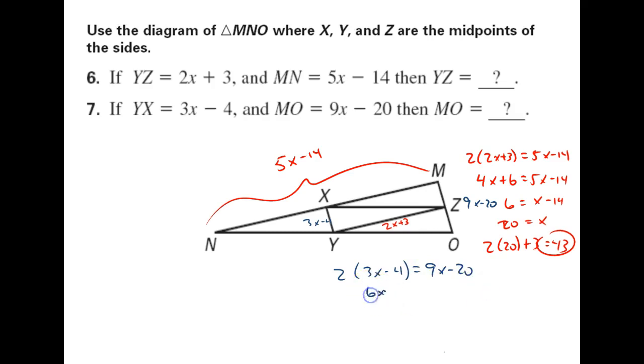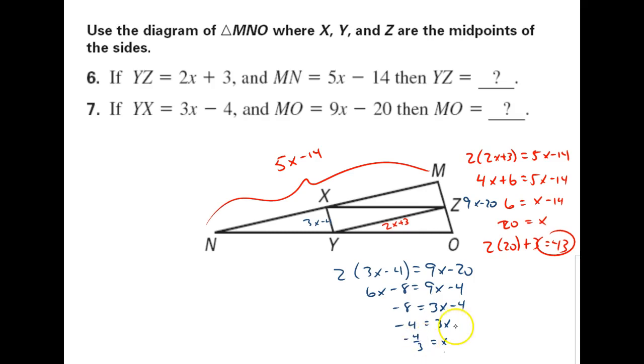Let's distribute the 2. 6x minus 8 equals 9x minus 20. Subtract 6x from both sides to get 3x. We're going to add 20 to both sides. Divide by 3. And x is negative 4 thirds.